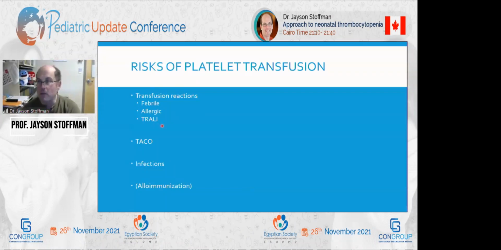It does happen in newborns, and it can often be very challenging because you're transfusing a thrombocytopenic newborn who likely has other comorbidities, who likely has respiratory comorbidities, and now they develop increasing pulmonary infiltrates, hypoxia, respiratory distress. Is that related to the platelet transfusions, or is that related to their underlying illness? It can be very tricky to sort that out.